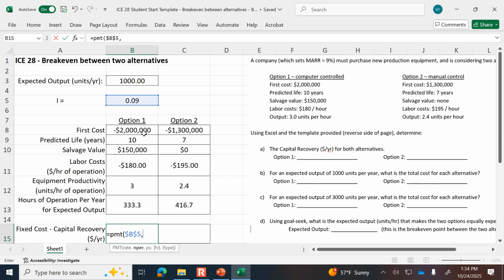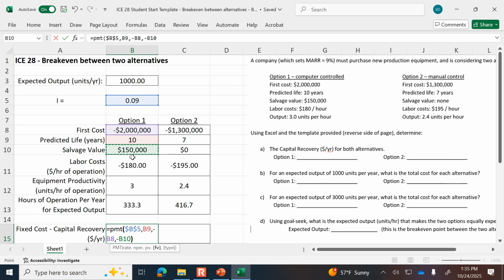NPER, number of periods. Okay, so that's the predicted life of option 1. The present value, that's the initial purchase price, so the negative of the first cost. And then the future value is the salvage, so that's the negative of the salvage.